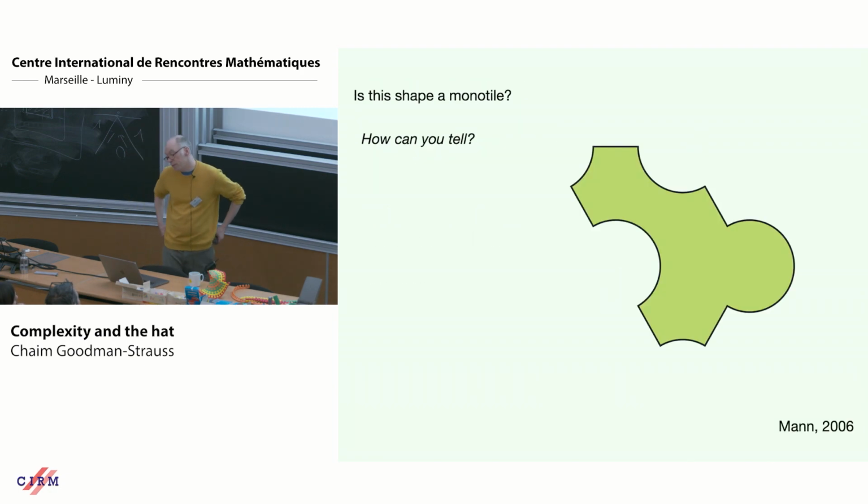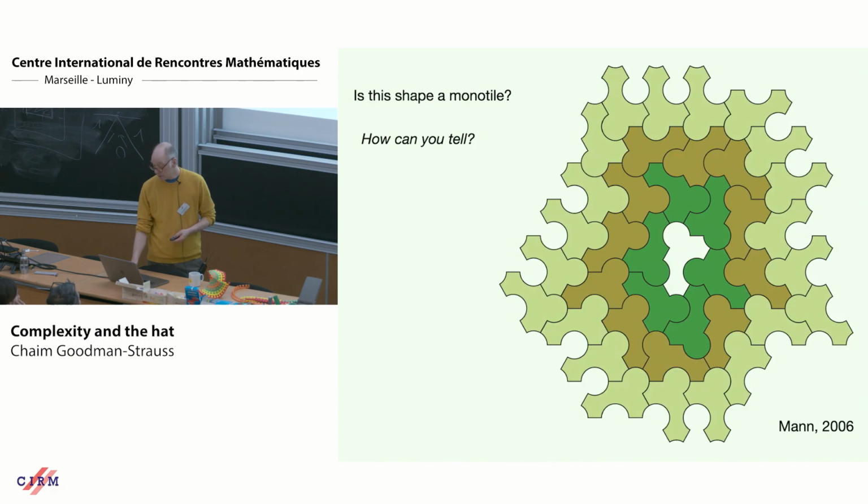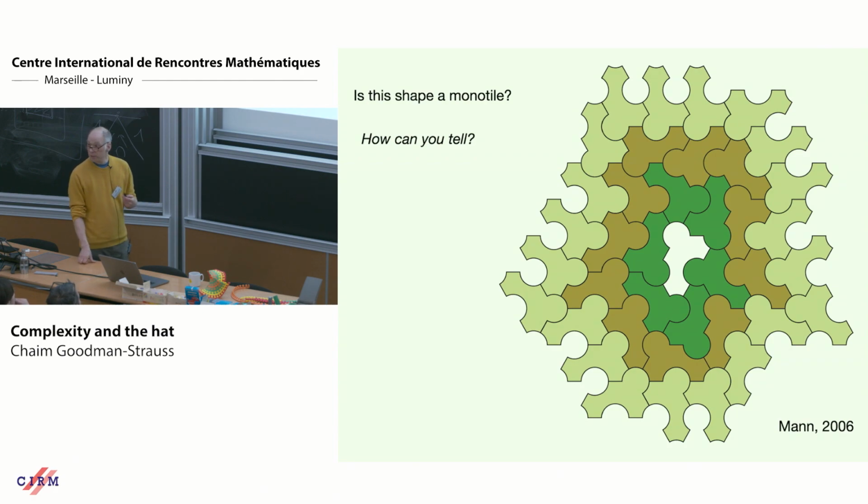Here's an example from Casey Mann in 2006. This one we can certainly prove does not tile the plane. This is in fact the largest configuration that it can tile. It has a central tile and then a complete ring around it, and a complete ring around that, and a complete ring around that. We might say that this has combinatorial radius 3.